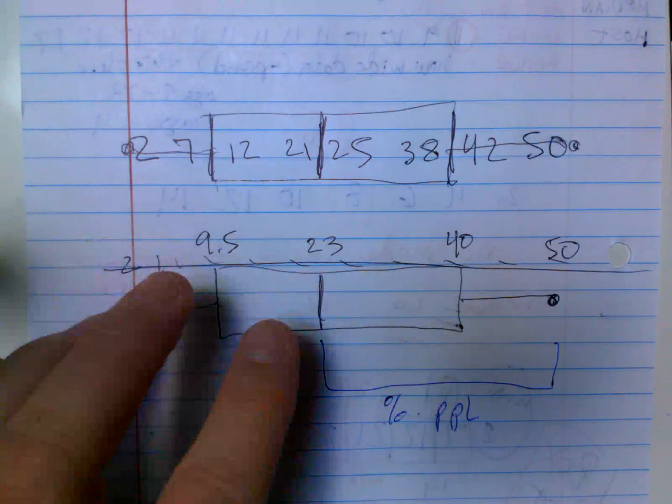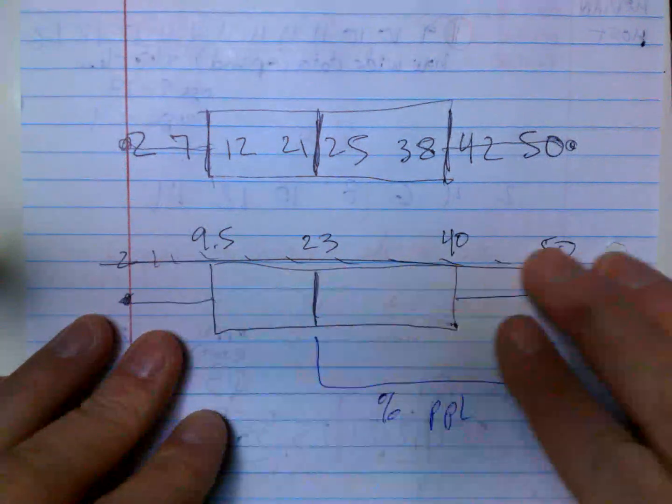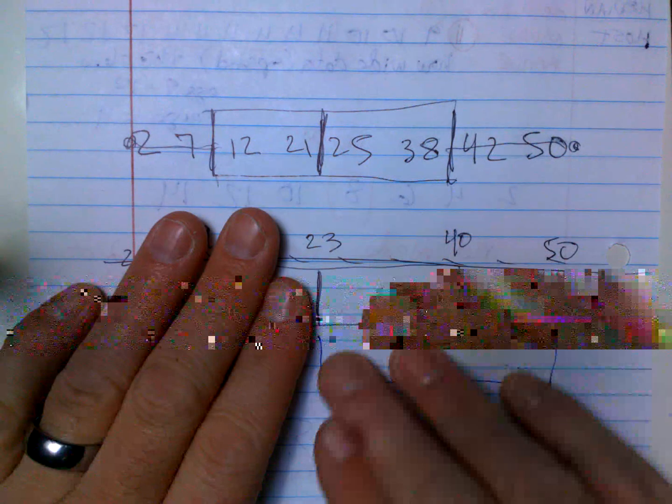We were measuring what percent of the people are going to fall right here. Well, think about it. We put the data in order. Well, this is 25% of the people.